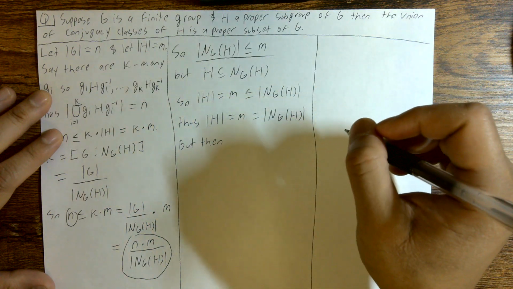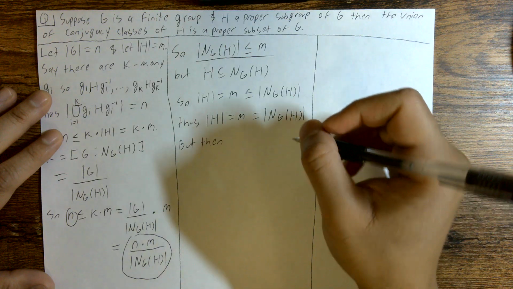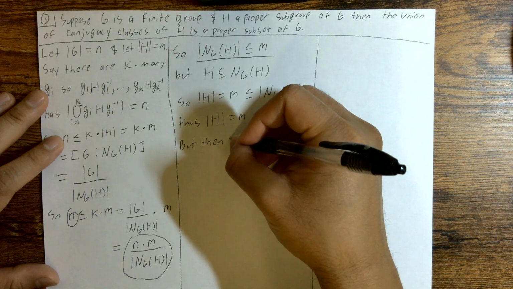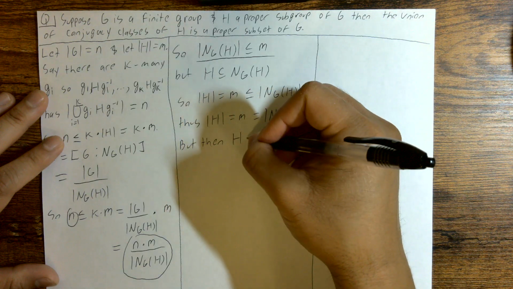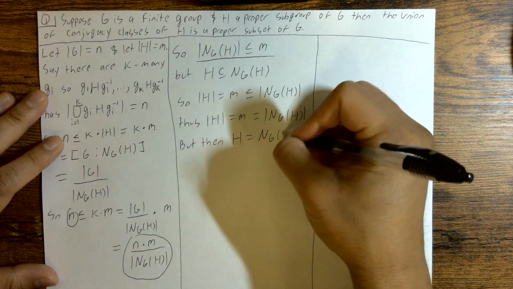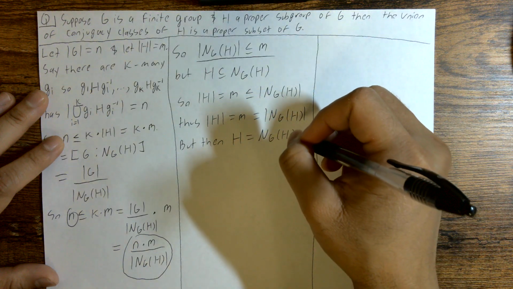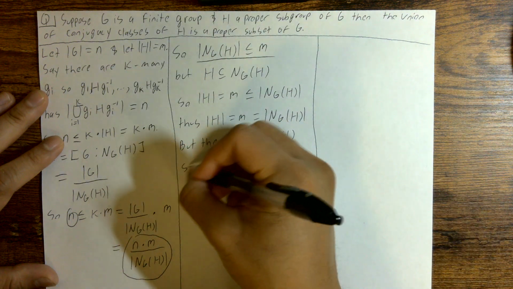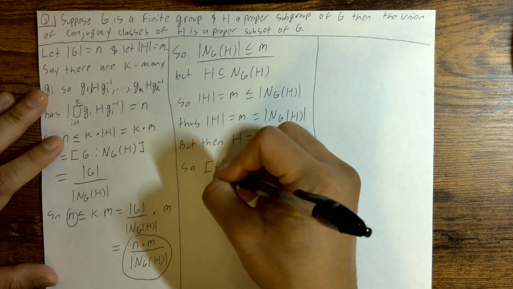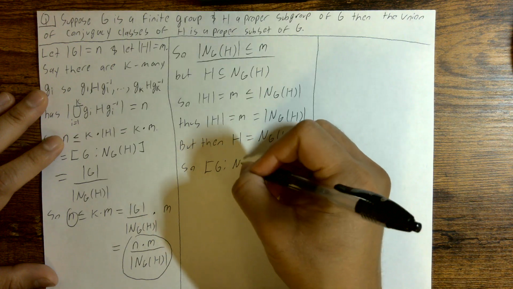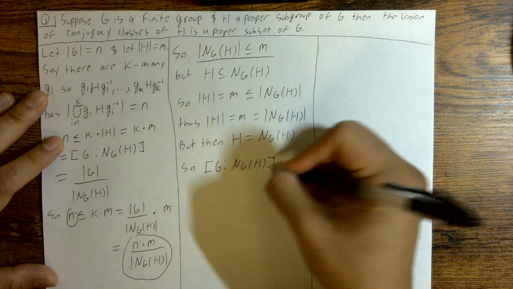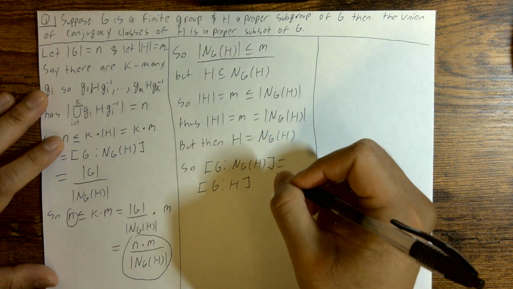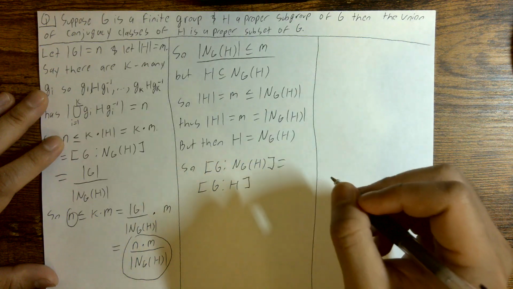Then, since these are finite groups, H is equal to the normalizer of H in G. So the index of the normalizer is equal to the index of H in G.